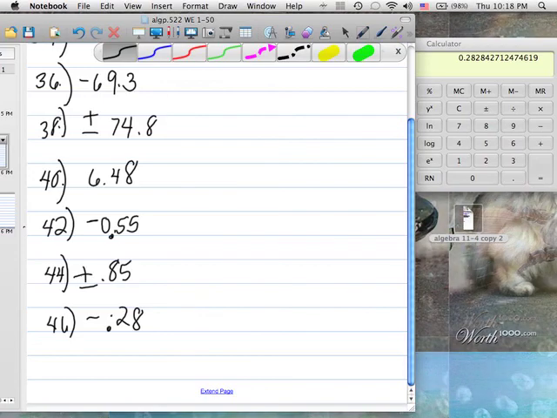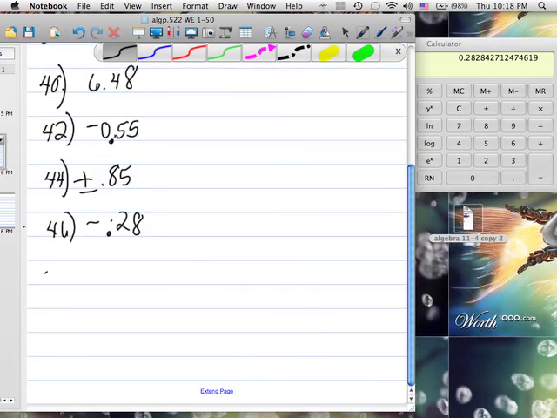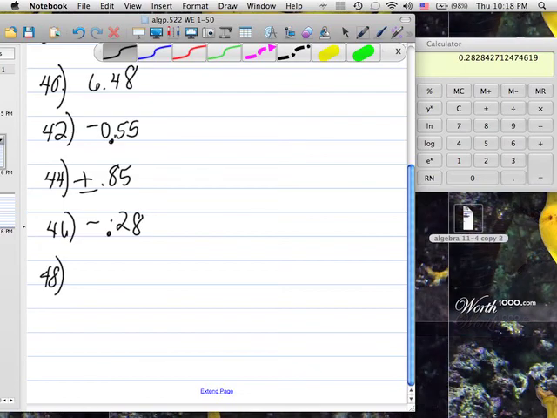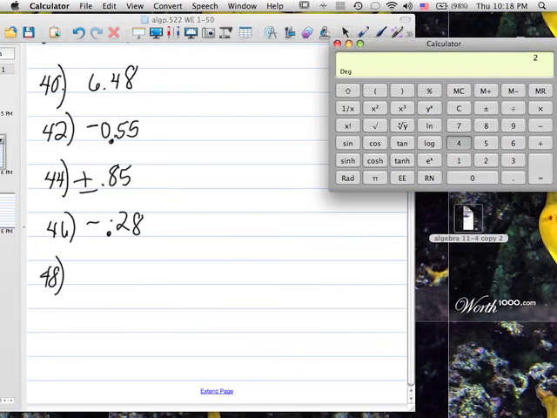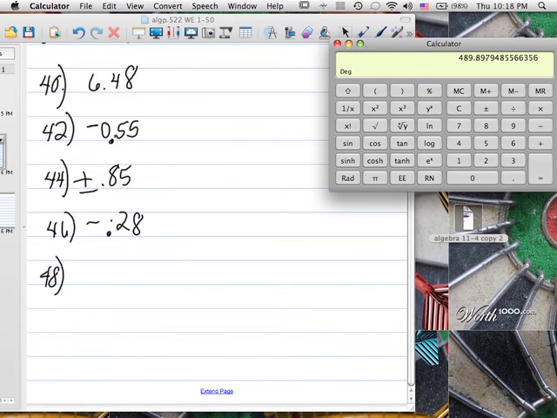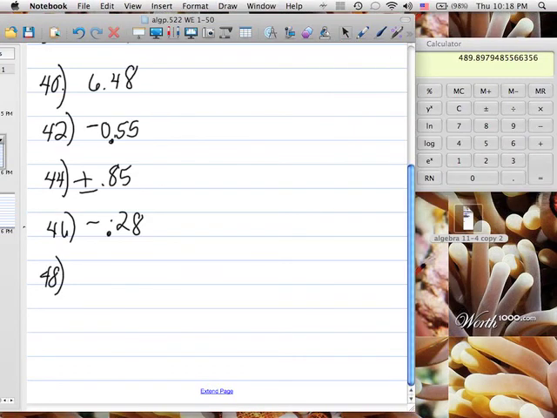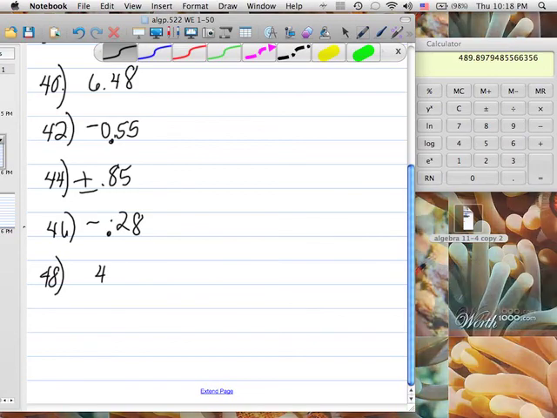And the last set of problems, approximate each square root to the nearest whole number. So number 48, 240,000. To the nearest whole number is either 489 or 490. The 8's going to make it 490.